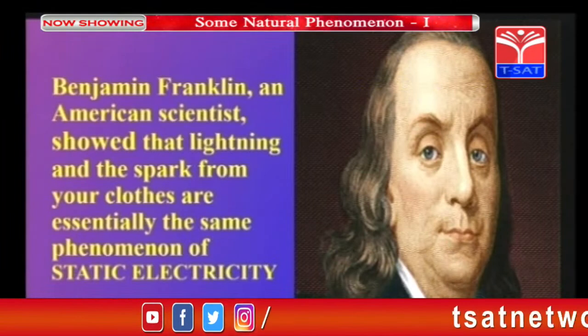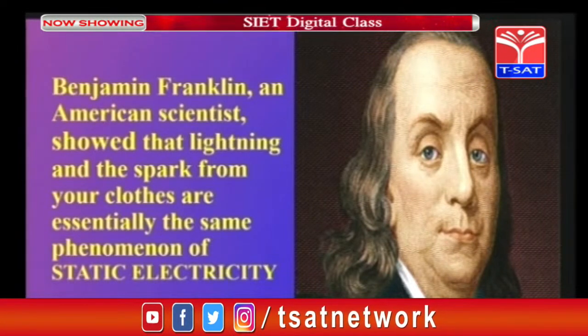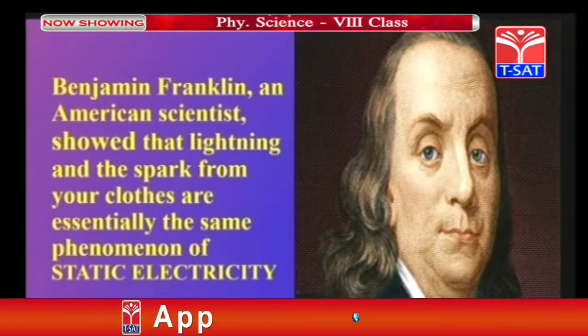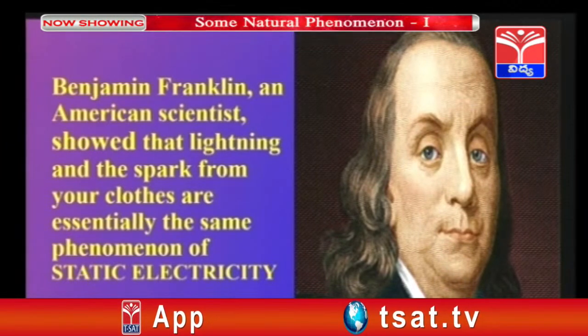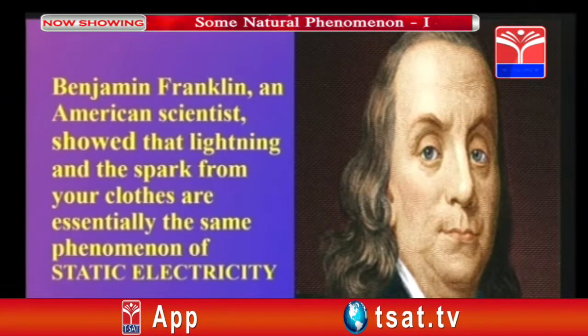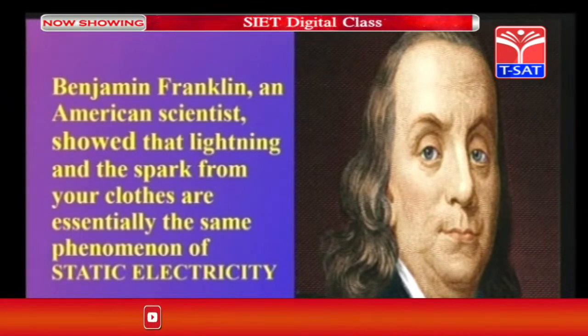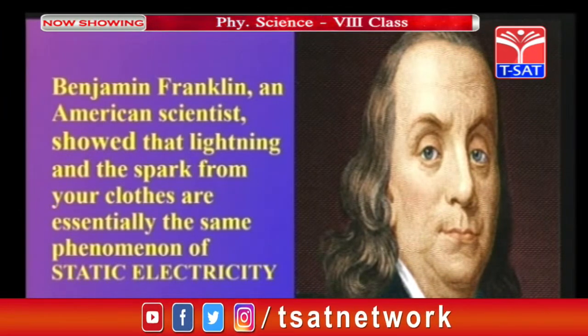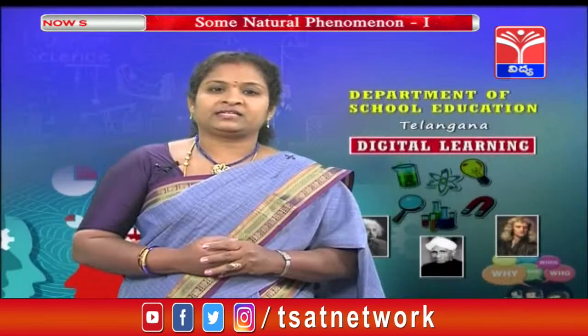There are many scientists who worked behind it, and the most famous scientist was Benjamin Franklin. He was an American scientist. He showed that lightning and the spark from your clothes are essentially the same phenomenon, and this is due to static electricity.